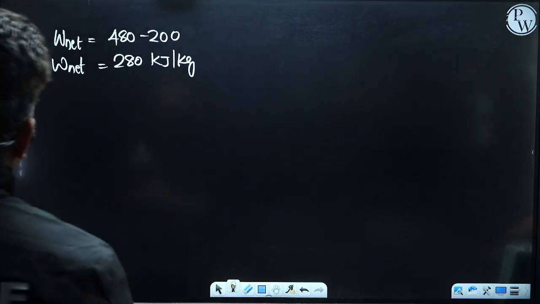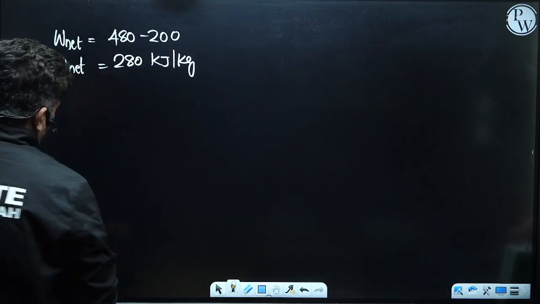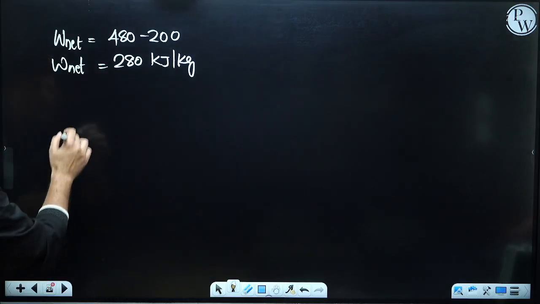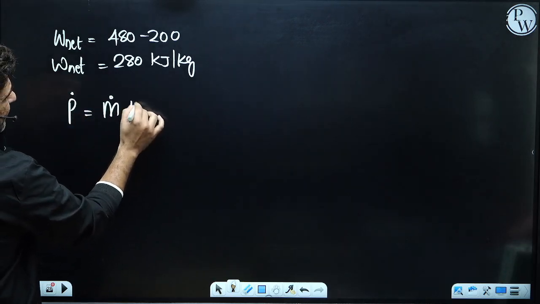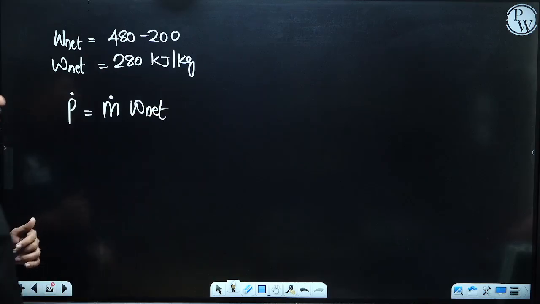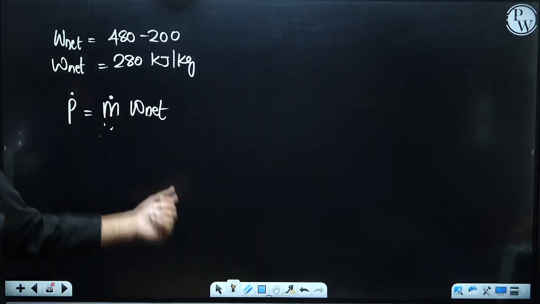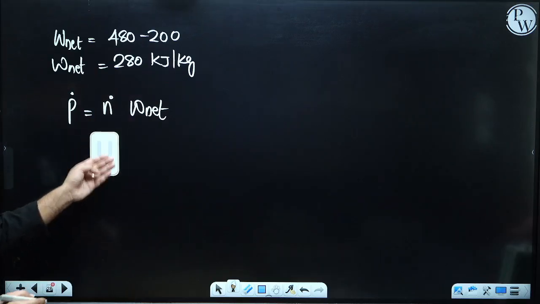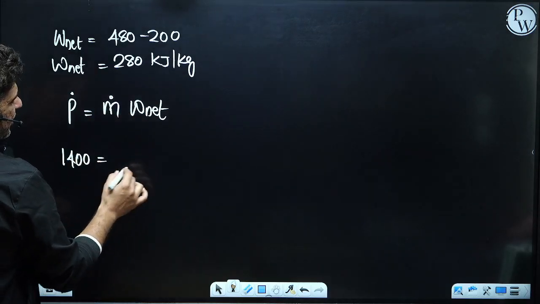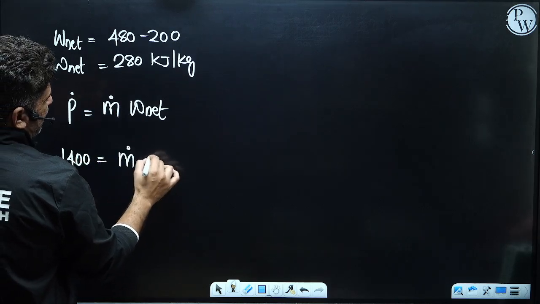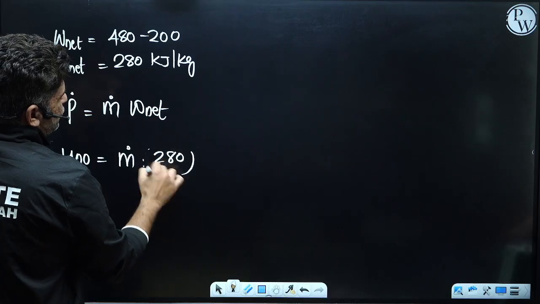Now he is asking what is the mass flow rate. To calculate the mass flow rate, we know that power is nothing but mass flow rate multiplied by W net. From here it is given that 1400 kilowatt is equal to m dot multiplied by 280 kilojoule per kg.